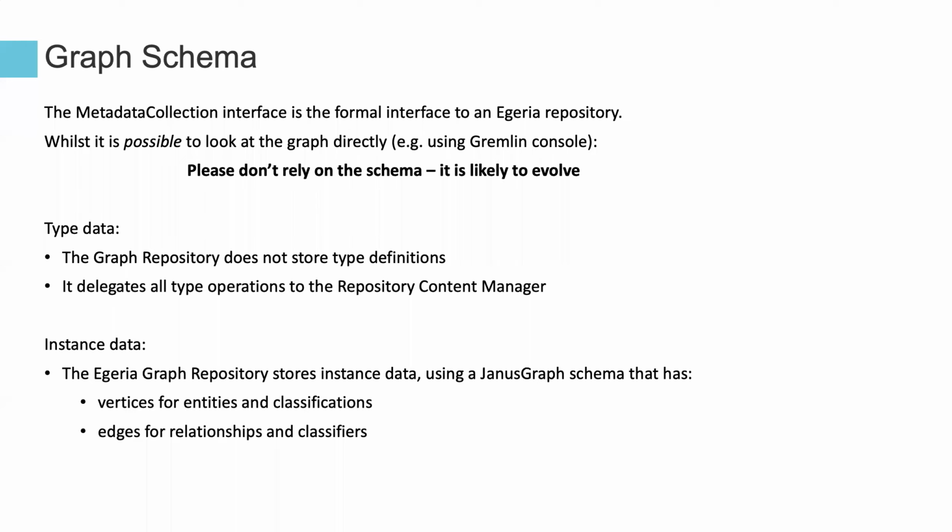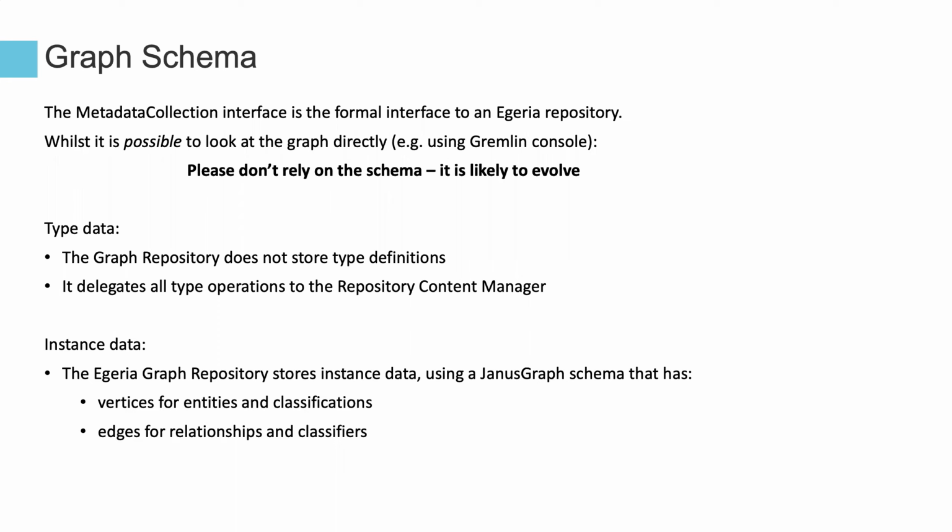So once we've gone through that startup, configuration and startup pair of steps that I showed you on the previous slide, we will have created a JanusGraph database. You could obviously at that point hook a Gremlin console onto that JanusGraph and have a look around, and you'd be welcome to do so. If you have any feedback for me in terms of what you find there, then I'd be very interested to have a chat.